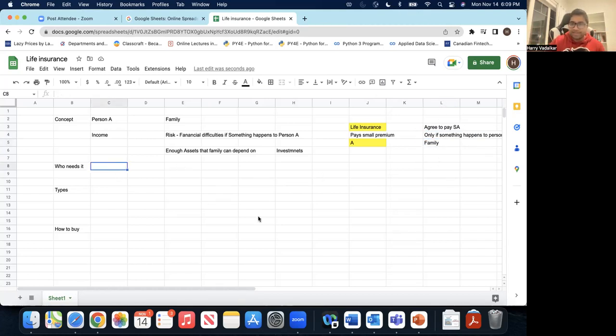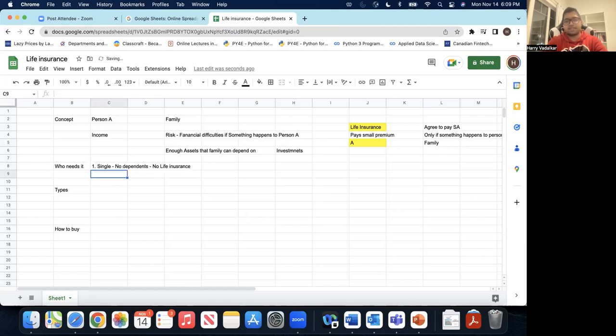Now, who needs it? Not all of us need life insurance. It is important to understand that. People who are single and have no dependents don't need life insurance.